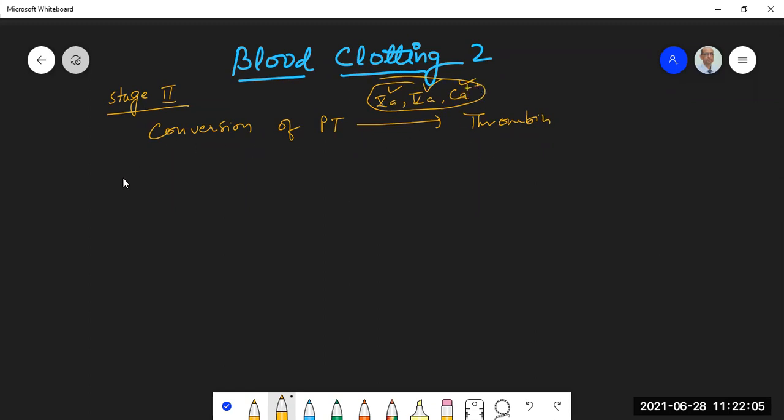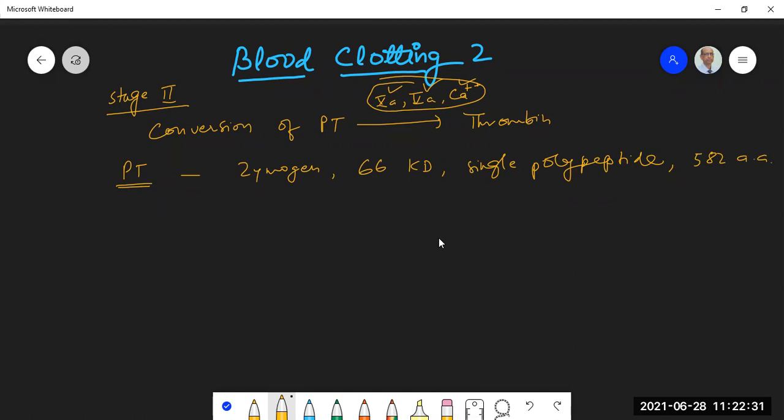So what is prothrombin in the first place? Prothrombin is a zymogen, an inactive form. It is a 66 kilodalton single polypeptide, and it is made up of 582 amino acids.